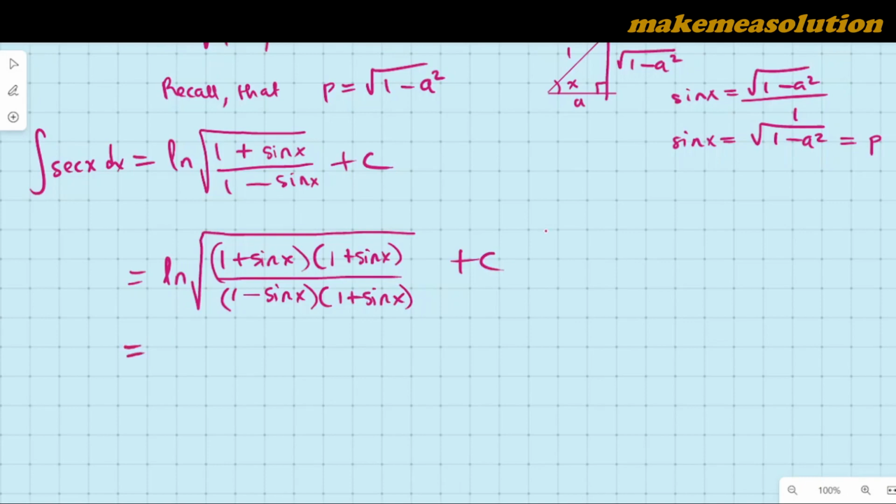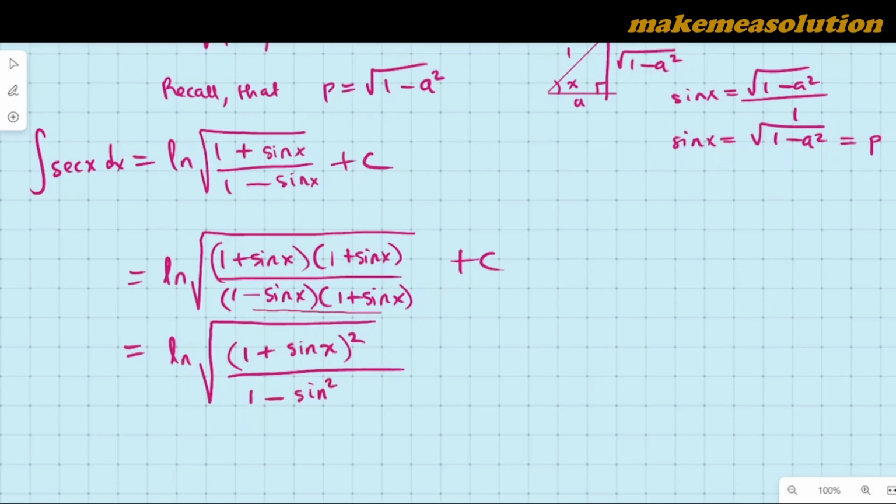So this gives me ln square root of (1 plus sine x) all squared over, when you apply difference of two squares to the denominator, you get 1 minus sine squared x, like this.